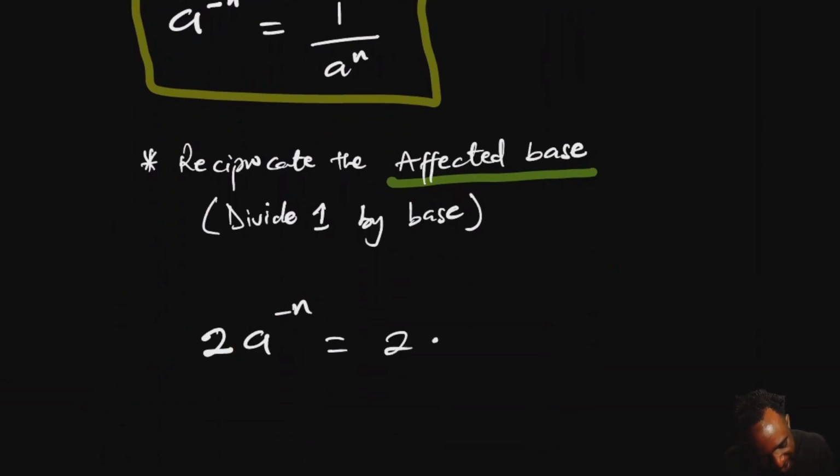You keep it and you multiply it by 1 divided by the affected base. This is the affected base. So the affected base is a. And then you rewrite the exponent. You make it positive. Once you reciprocate it, it becomes positive. So if the base is not affected, you do not have to reciprocate it. It has to remain intact. So the final answer here is going to be 2 over a raised to the power n.